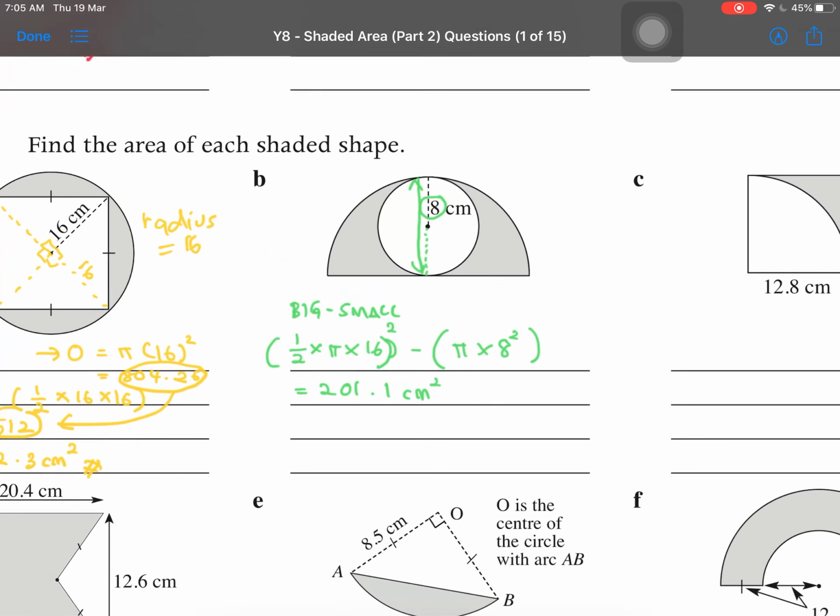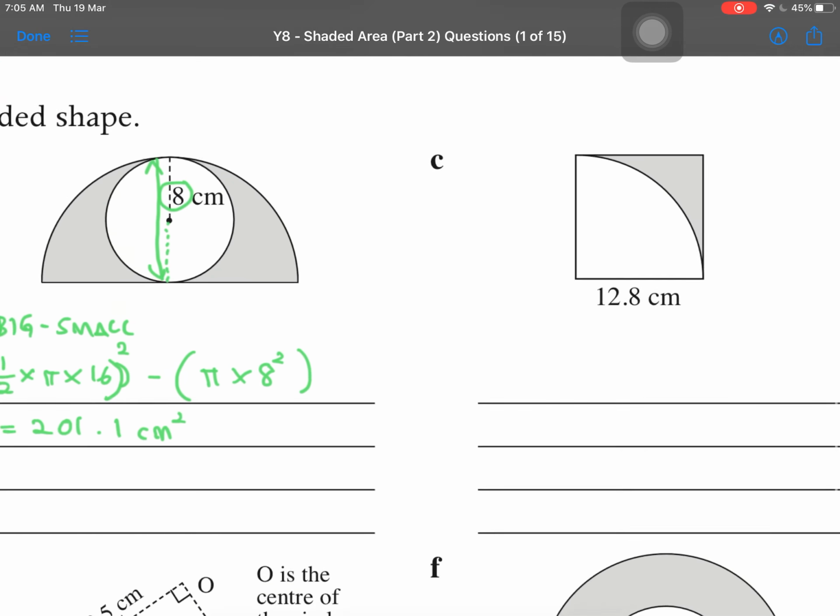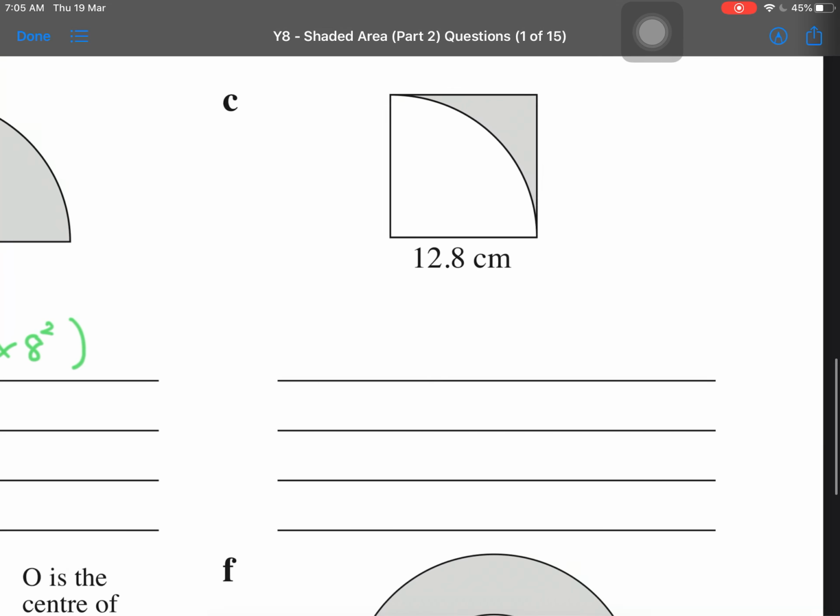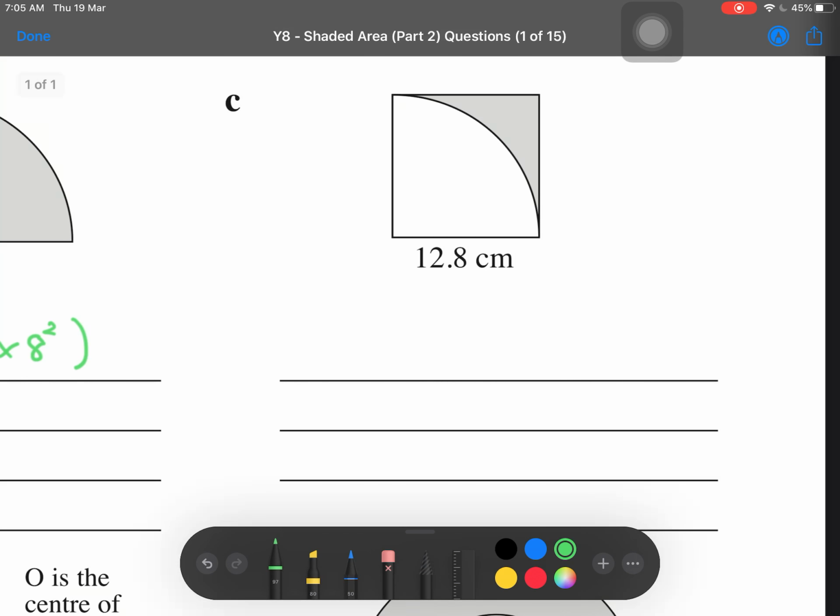Okay, next question that I'm interested to explain to you is question C. Now, for C, it's basically a square and a sector. Now, you may be wondering, how do you know that it's a square? Number one, this is a 90-degree sector. That means this is the center of your circle.